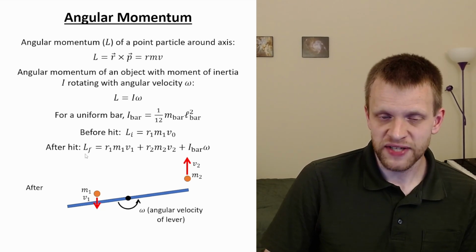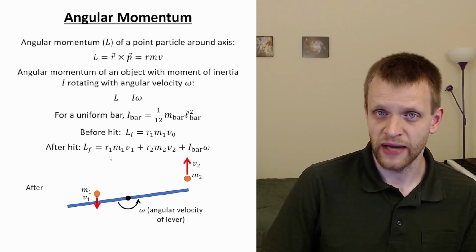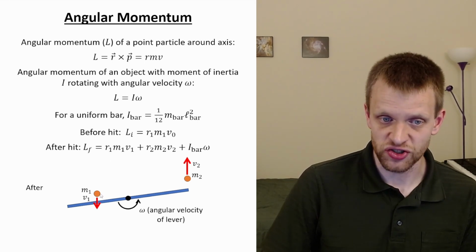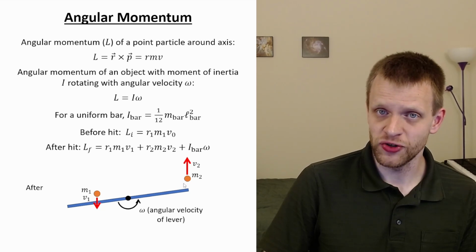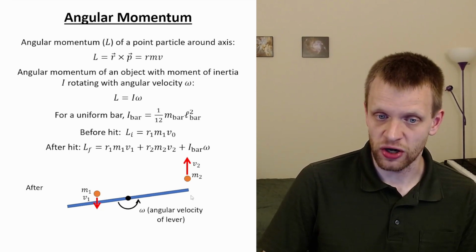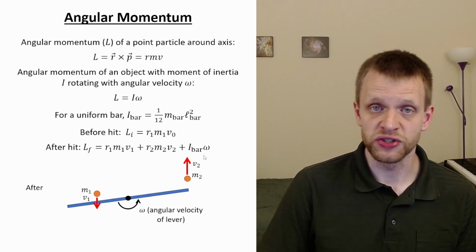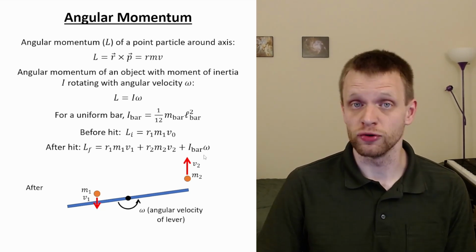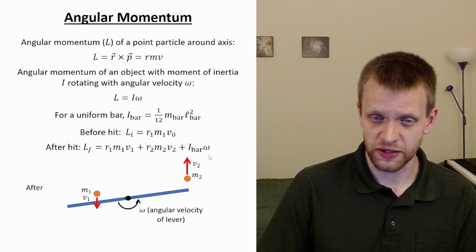So m1 might have some angular momentum, again at distance r1 times m1 times v1. Mass 2 is at a distance r2, giving r2 times m2 times v2. And we've also got the angular momentum of the bar, its moment of inertia times that angular velocity.